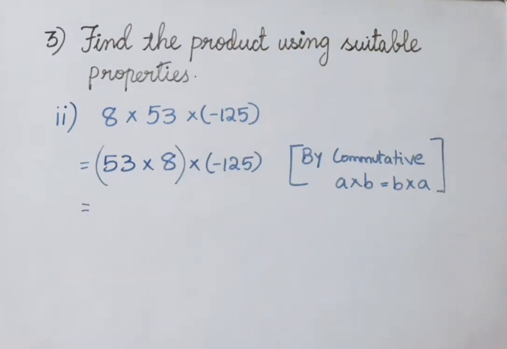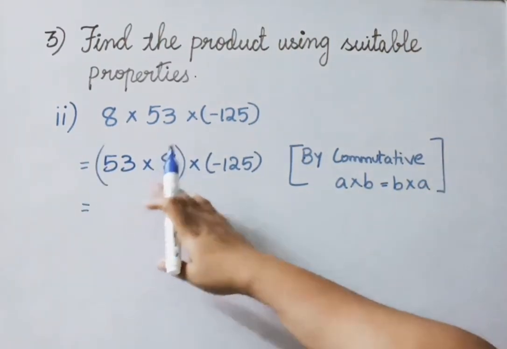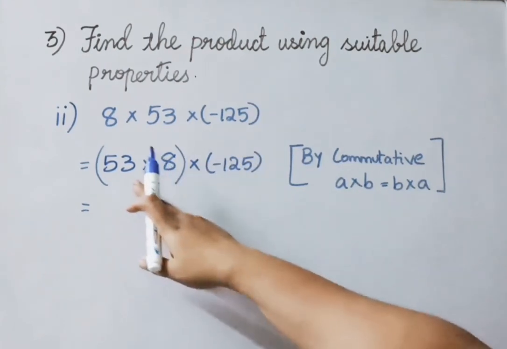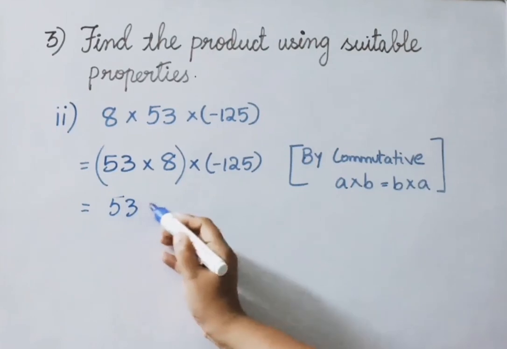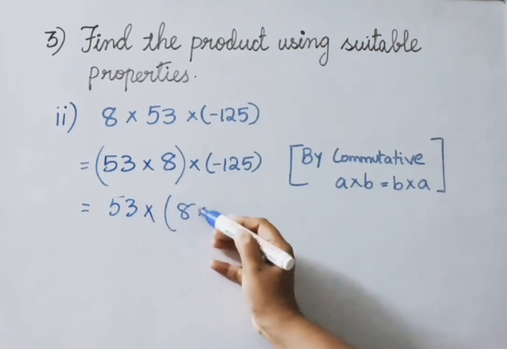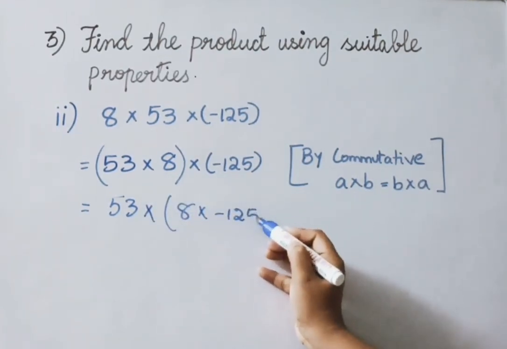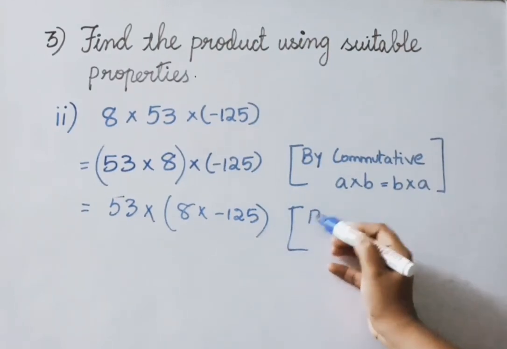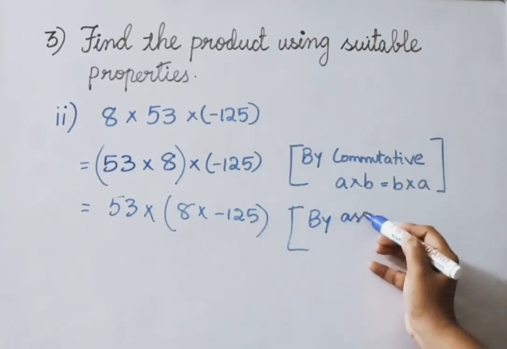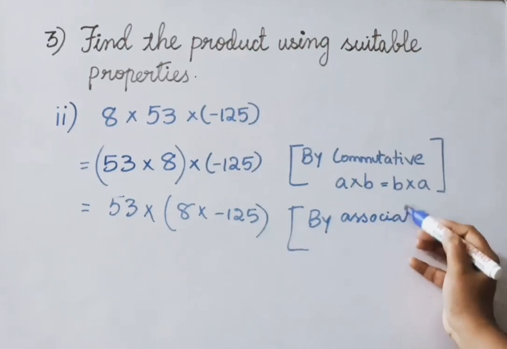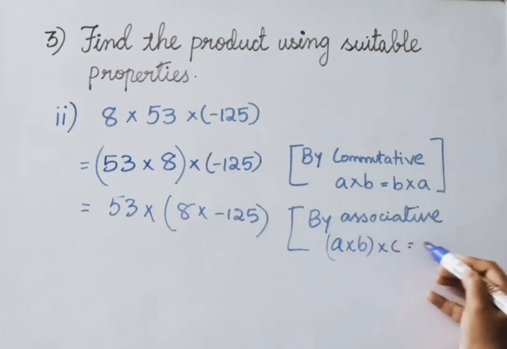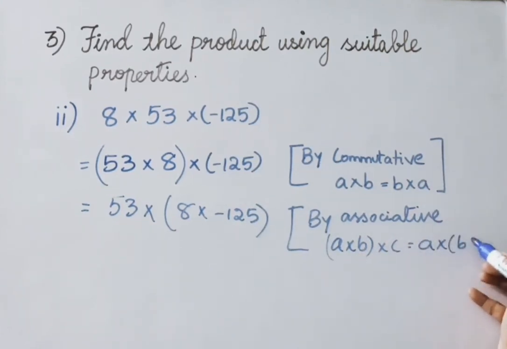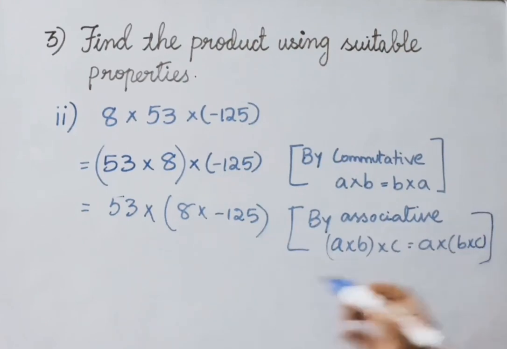Now it looks like the associative property. A into B into C can be written as A into (B into C). That means 53 into (8 into minus 125). Here we applied the associative property. So write down, by the associative property, (A into B) into C is written as A into (B into C).